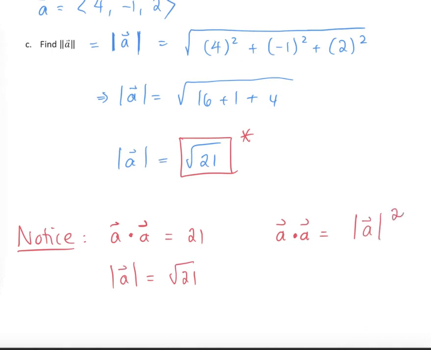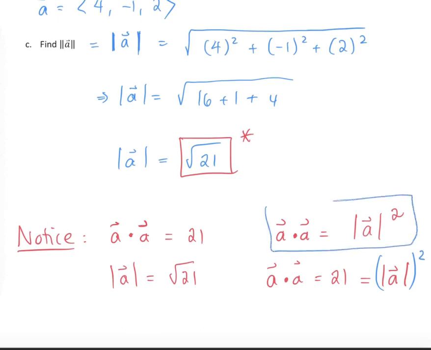And so we saw in this case that A dot A was equal to 21, and the magnitude of A was the square root of 21, so that turned out to be the same thing as the magnitude of A squared. And this is actually one of the properties that we'll see in the next little bit.